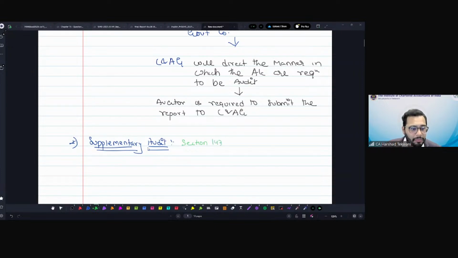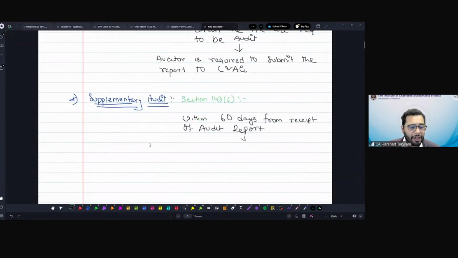Section 143(6) says that if the C&AG, upon receiving the report, is not satisfied with the report, or wants to do some additional audit, then within 60 days from the receipt of the audit report, he has a right to conduct a supplementary audit.